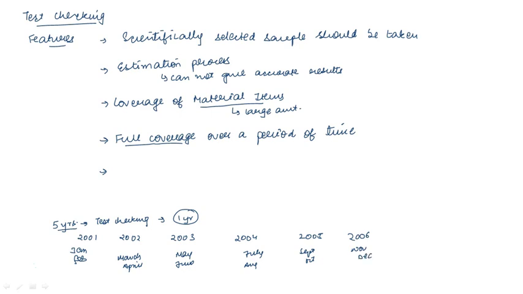Got it? So this is how the phenomena are going to be covered. Whenever it comes to the material items, they are taken care of. Right? Now moving on to next part.